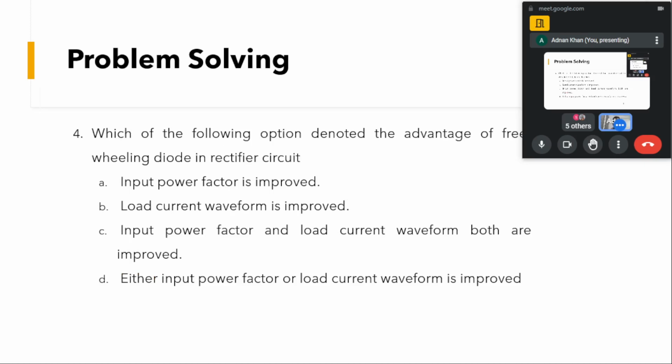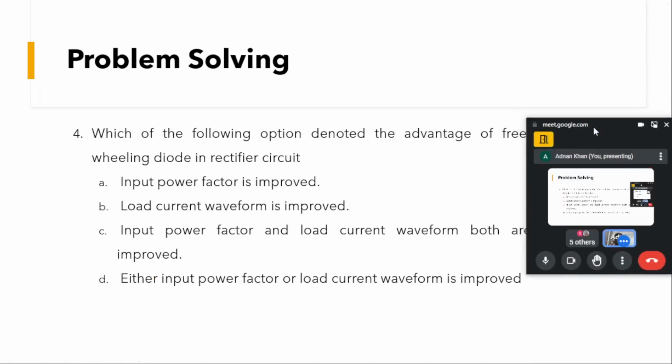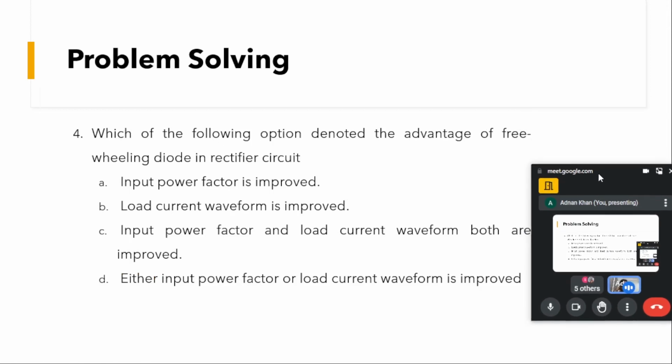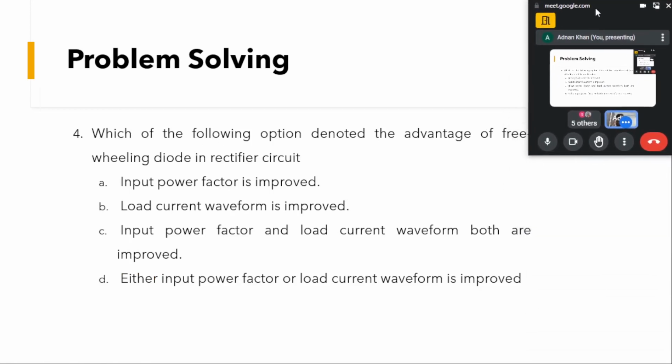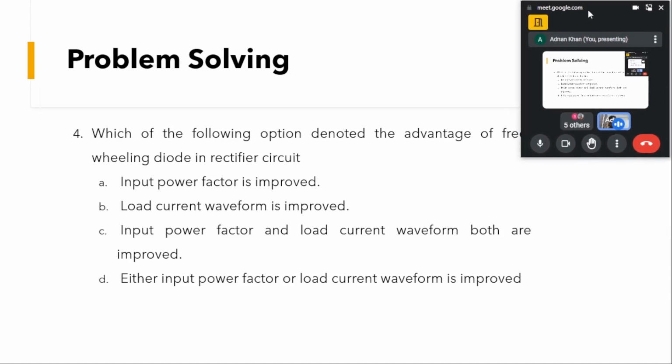Coming to the fourth question: which of the following options denote the advantages of the freewheeling diode in the rectifier circuit? I think we discussed this during the revision of what had been taught in the previous week. Options: input power factor is improved, load current waveform is improved, both are improved, or either of them is improved.